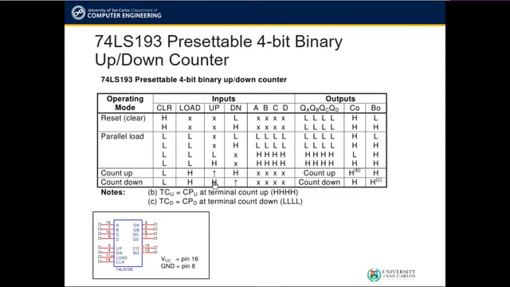The clock generator should be connected to the DN input. A rising edge or positive edge on the clock input is detected by the counter to perform a down counting operation. It is shown here with this upward facing arrow.